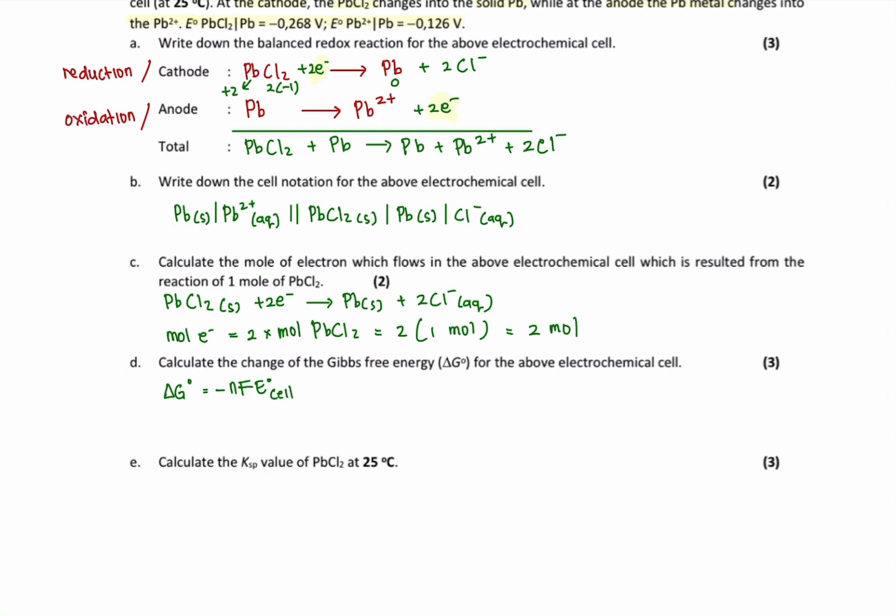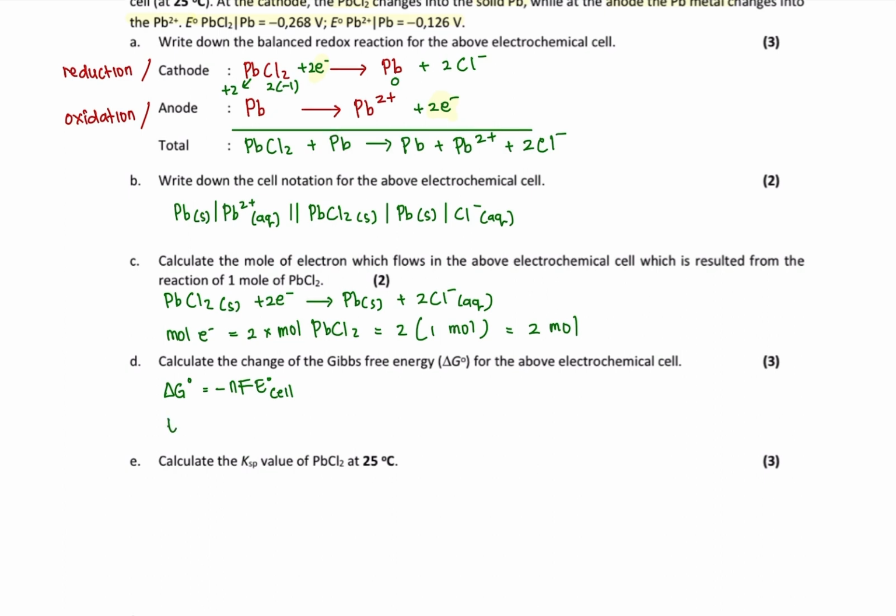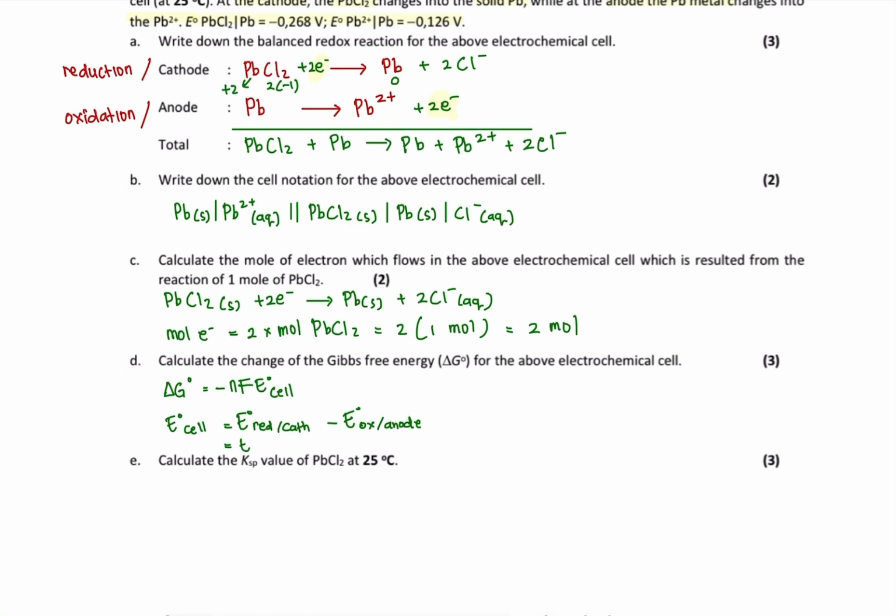So here we are going to calculate first the standard cell potential. In this case, this is the reduction at the cathode minus the oxidation at the anode.